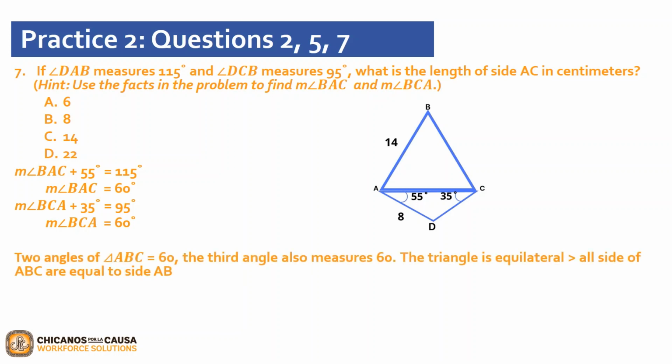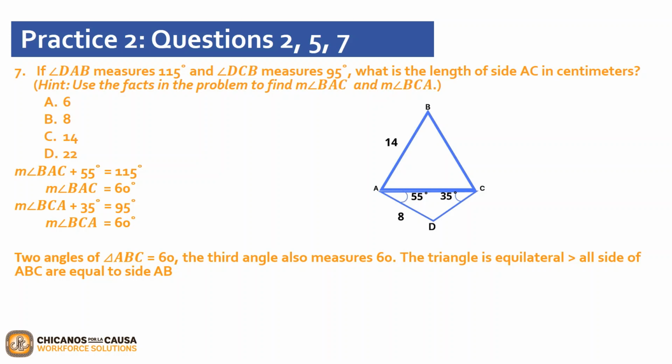So why? Because by looking at the two angles measuring the same measurement, we know that an equilateral triangle has angles that are equal. In this case, 60 degrees. So if two angles of triangle ABC equal 60, then the third one also measures 60.